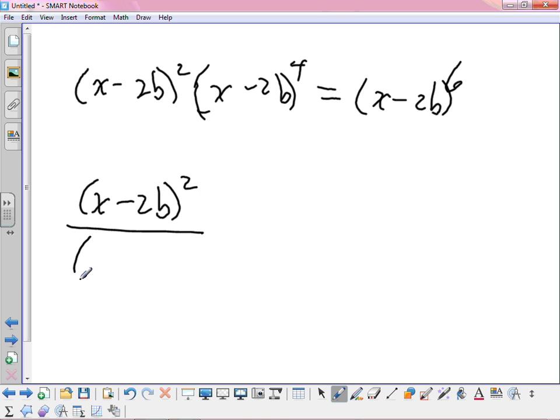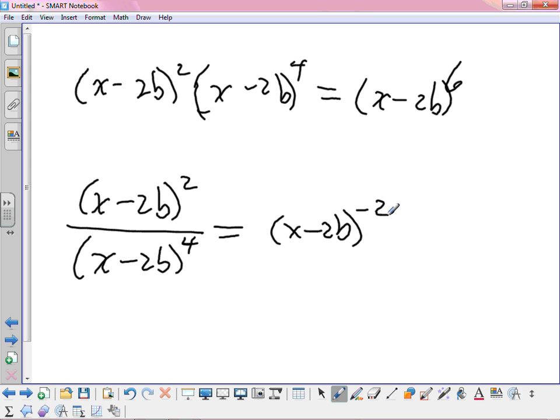Of course, the other rules of exponents apply. So if I had the same factor and I divided, I would subtract the exponents and end up with a -2. Now, for my preference, I don't really care whether you end up with negative exponents or positive exponents.